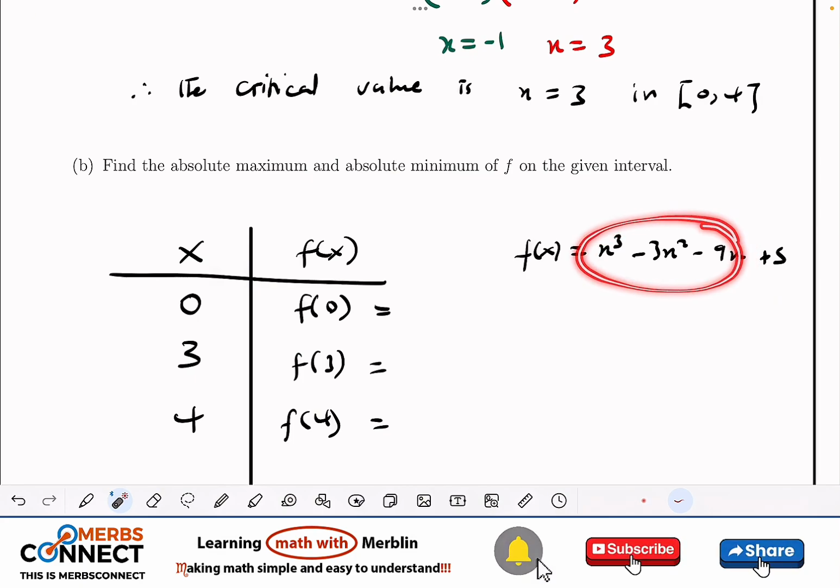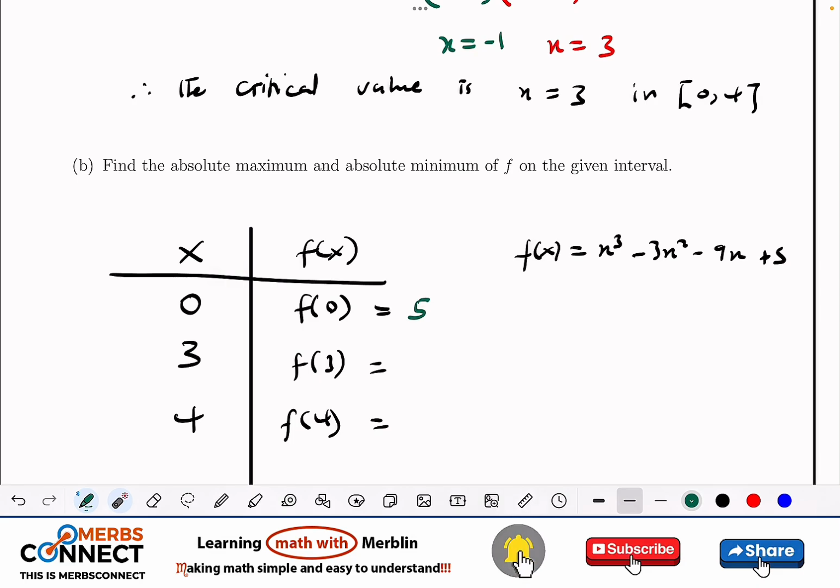This is going to be 0, so f of 0 gives us 5. Good. Then when you plug in 3, 3 to the power 3 is 27. 3 squared is 9, and 9 times 3 is also 27. Then 3 times 9 is another 27, plus 5. So the 27s will cancel, and when I subtract, I'm going to have minus 22.